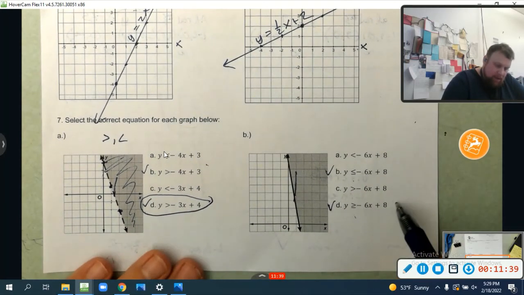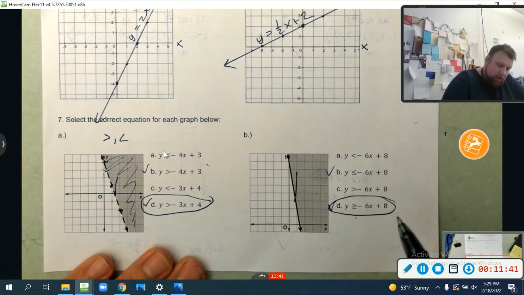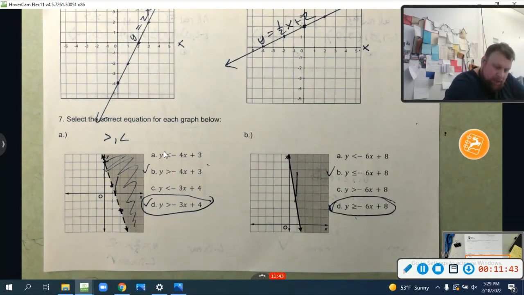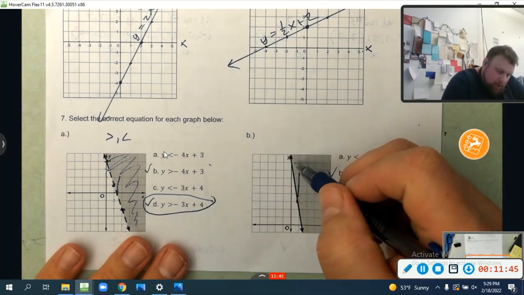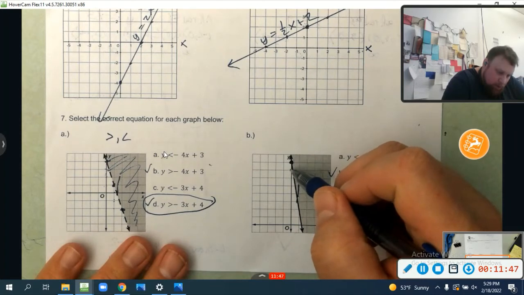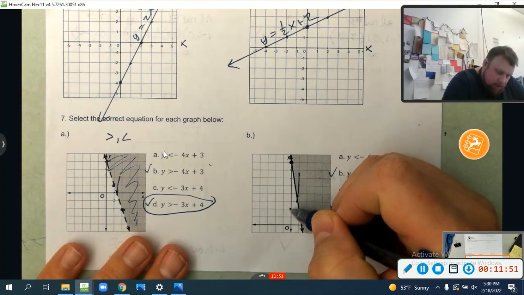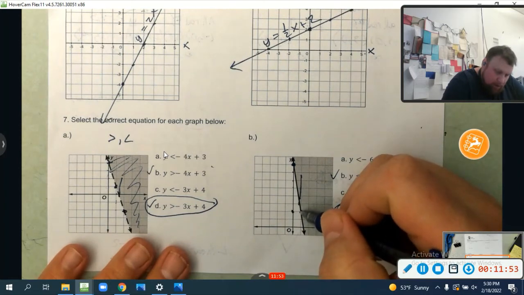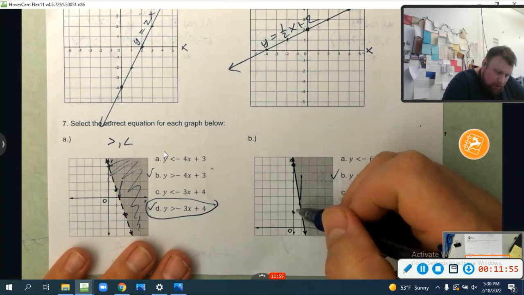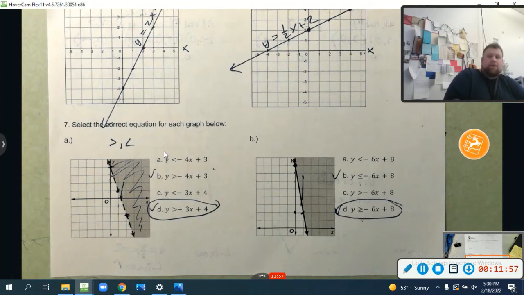But wait, that's it? That's it. y is greater than or equal to negative 6x plus 8. Which, let's see, from this point right here, I can go 1, 2, 3, 4, 5, 6, and over 1. And we see that it matches right up on the line.